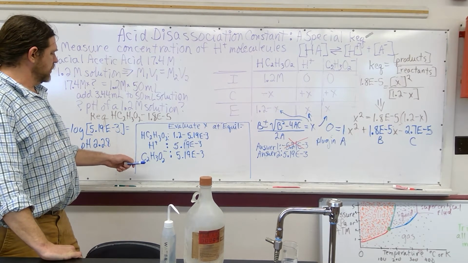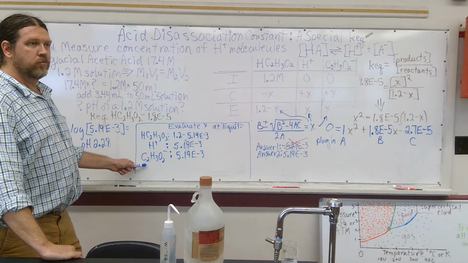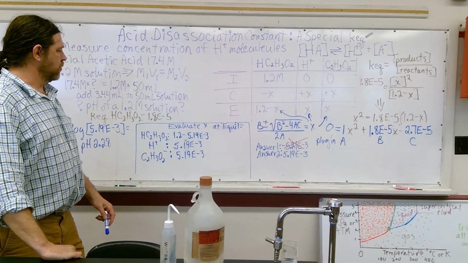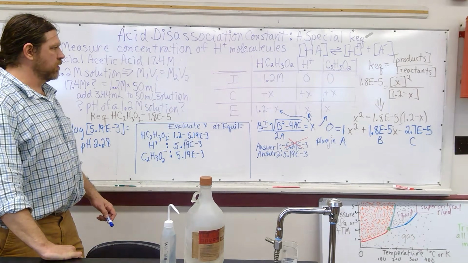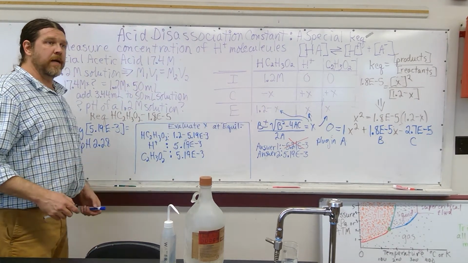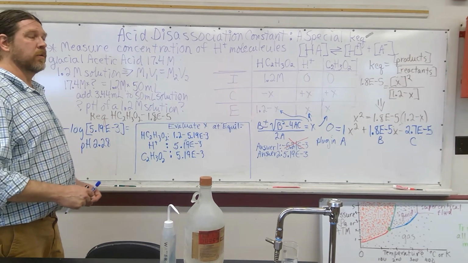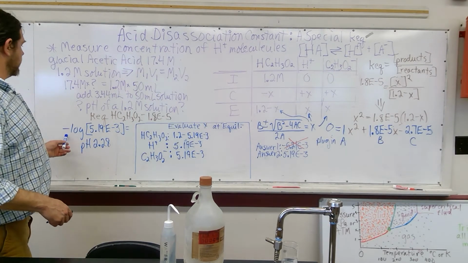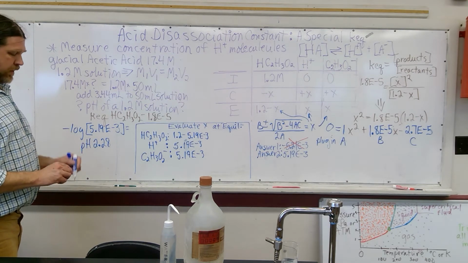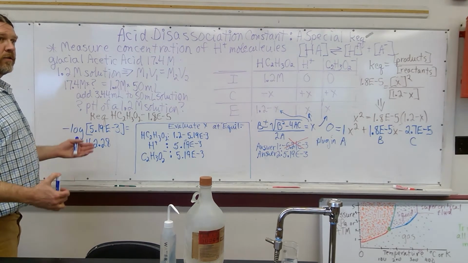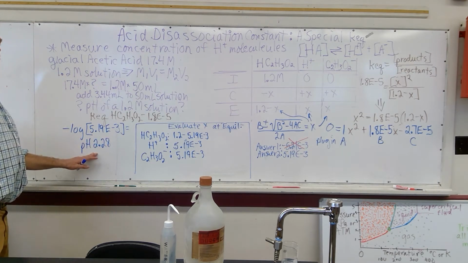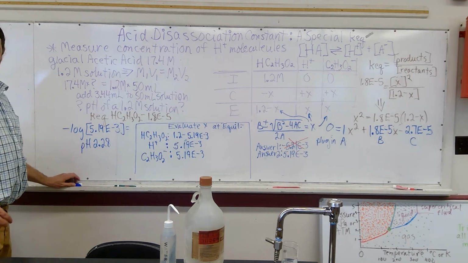The acid molecules and the acetate molecules will be the same, which is of course 5.19 times 10 to the negative third, because that's your X. So finally, what pH do we predict this solution is going to be? We take the negative log of the molar concentration of our predicted final concentration of hydrogen ions, and we have a predicted pH of 2.28.